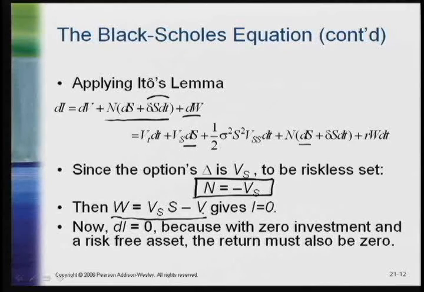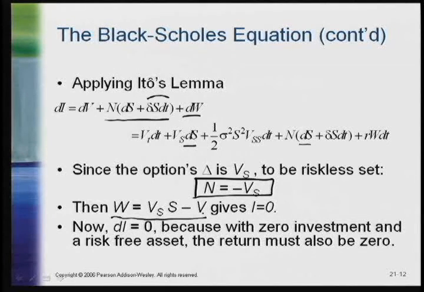This goes back to an argument we made in an earlier module, and that is that if I have an initial portfolio which costs nothing, it's allowable for that portfolio to produce positive returns in the future as long as it also produces negative returns. That's a reasonable expectation. However, if I have a zero investment that produces only positive returns, that's an arbitrage.